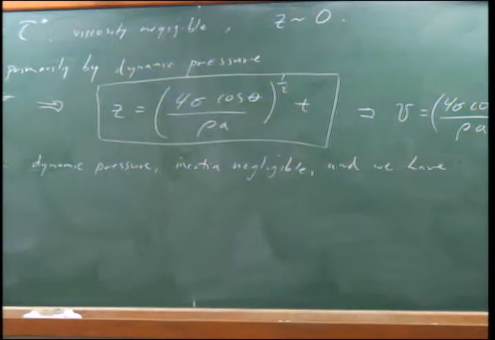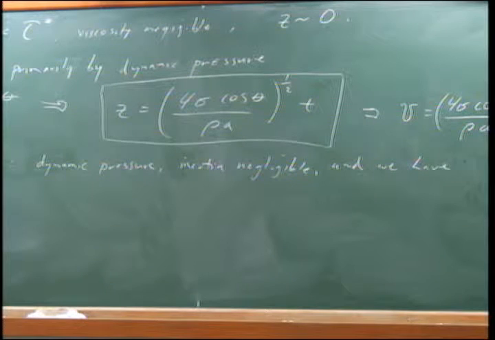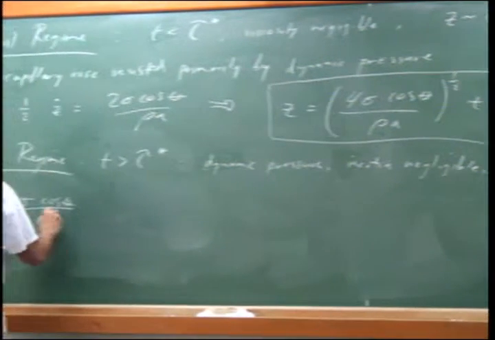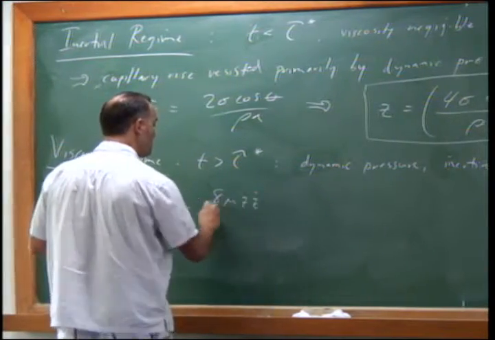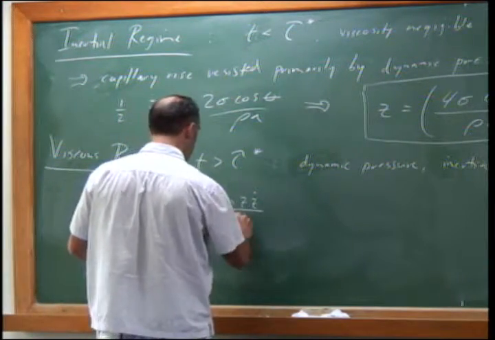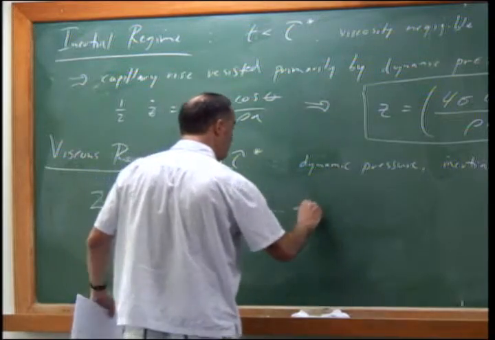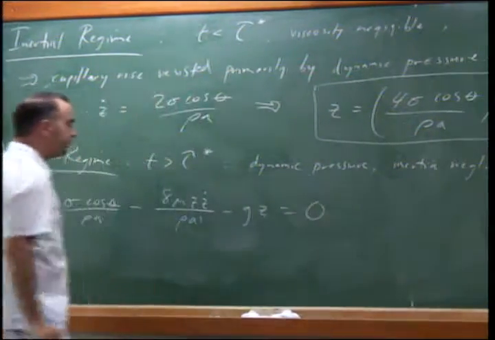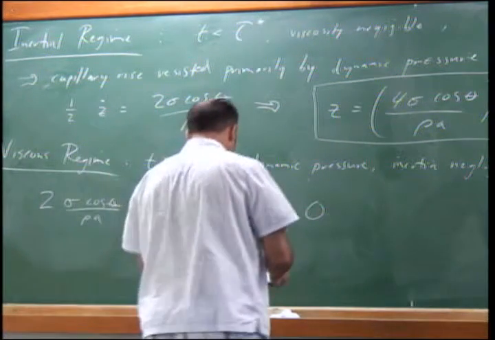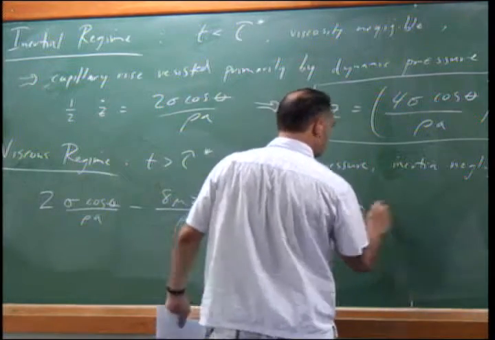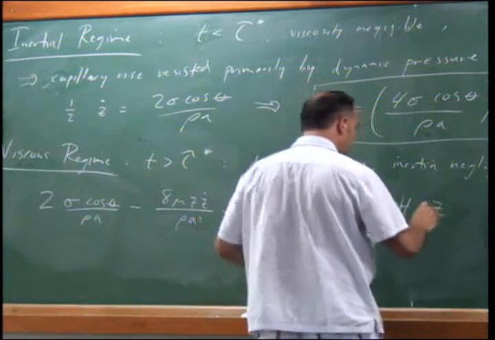Okay, so this is our... so we have to solve this. So we can re-express this in terms of our equilibrium rise height.